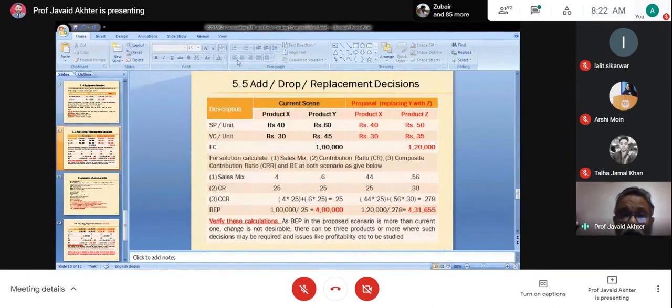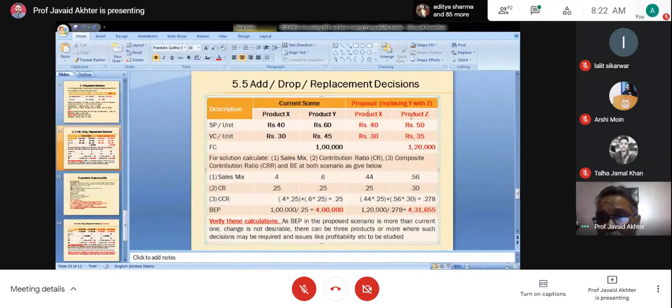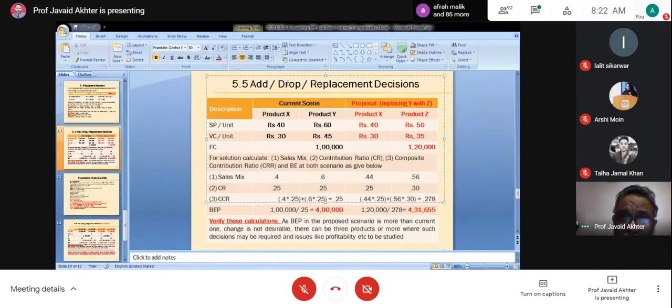The same thing will be applicable in case we wish to add. In this example, I explained to you X and Y current, Y and Z proposal. In case we wish to illustrate the drop decision, we may have three products X, Y, and Z, and we may think of dropping X. If we say replacement, this is the example of replacement.